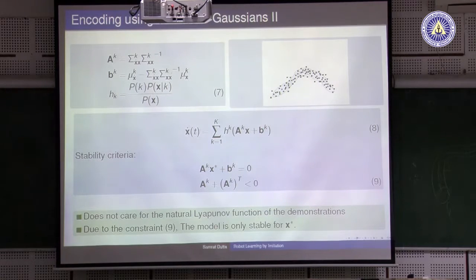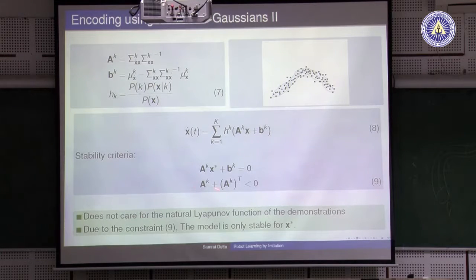Now to make the system stable, this particular approach makes this term negative definite, as I have already shown during the Lyapunov function analysis of how the system is stable.